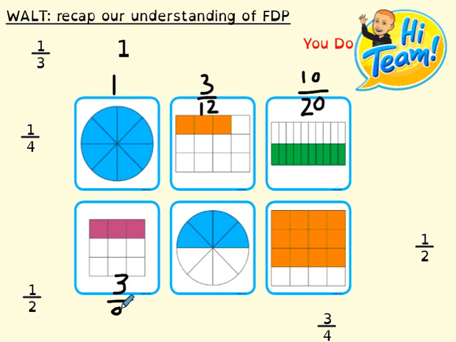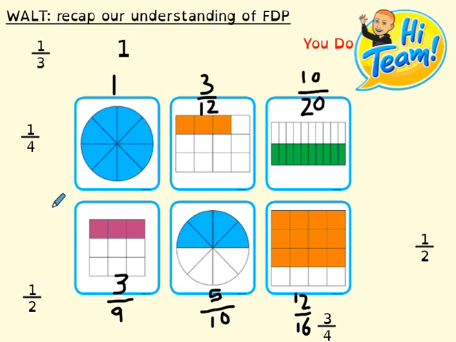Here I've got 5 of my 10 parts shaded in. And finally I've got 12 of my 16 parts shaded. So once you've done that, as I said previously, you can have a go now at using your understanding of equivalent fractions to help you match up the original fractions with the correct picture.